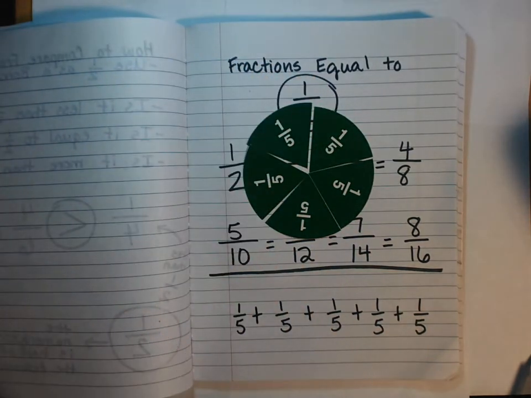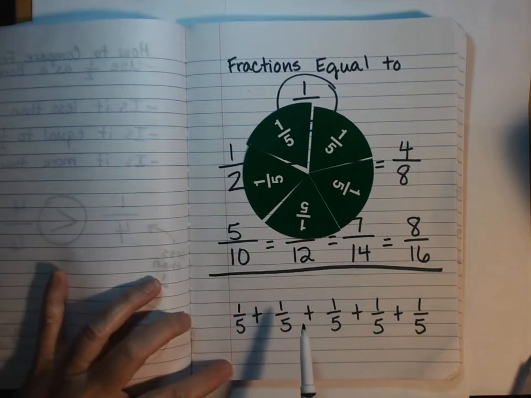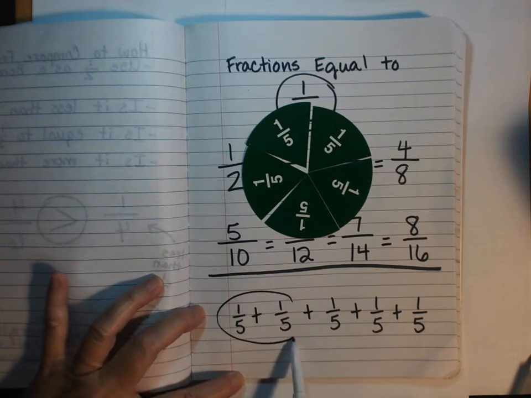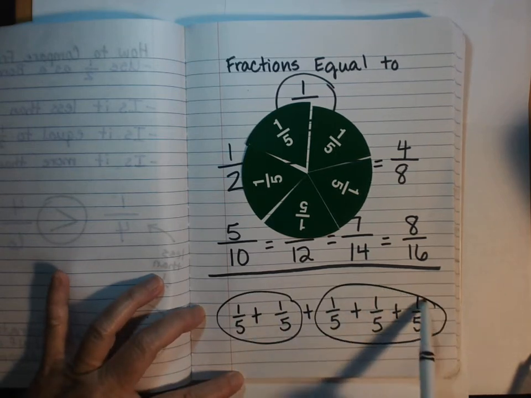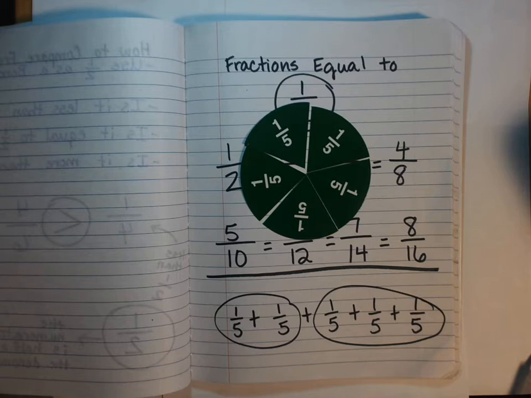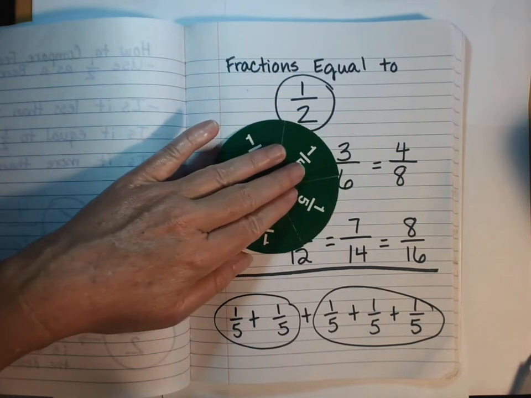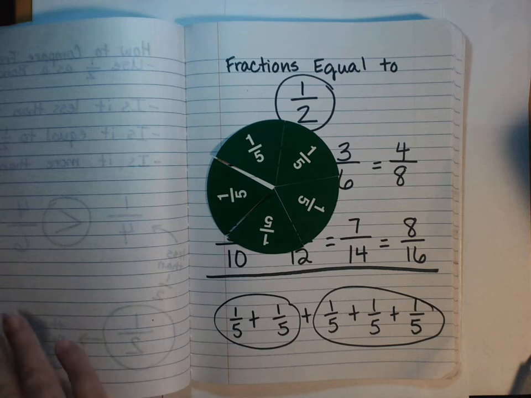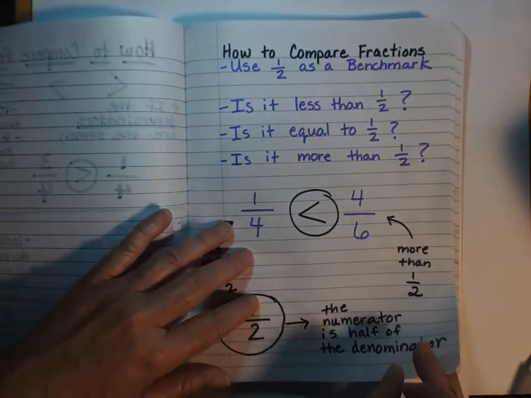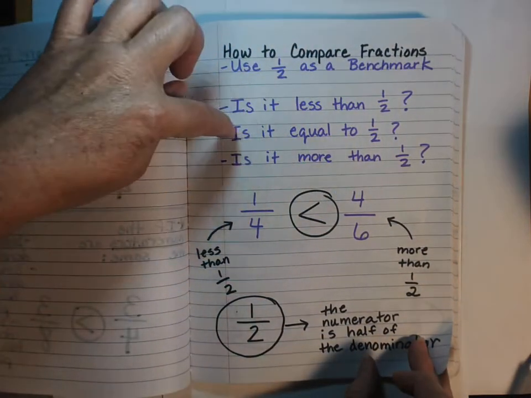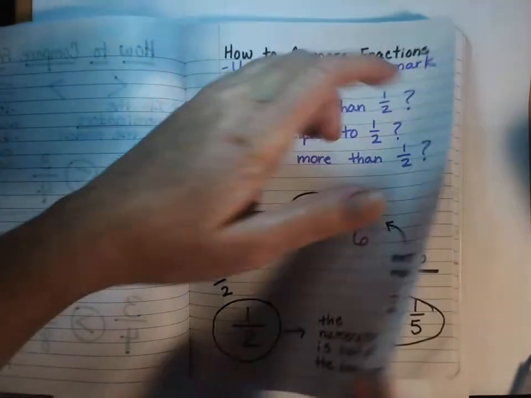So how would we find a fraction equal to 1/2 if we're talking about fifths? You can't actually do it, right? Because you would have 2/5 and 3/5. But when you're trying to use this technique where you find a fraction equal to 1/2, you think, is it less than a half, is it equal to a half, or is it more than a half?